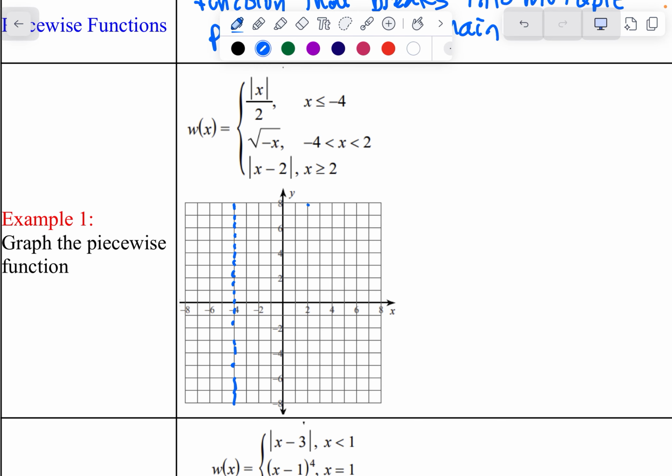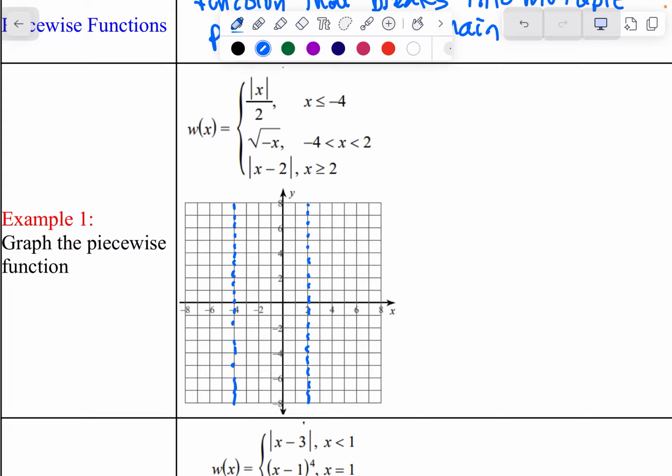At +2, put a little dashed line. Those are our borders. Okay? Now you want to think of them somewhat as the border of a country. We do not have privileges in the other country, so we only can graph the piece of the function that lives in that border, okay?